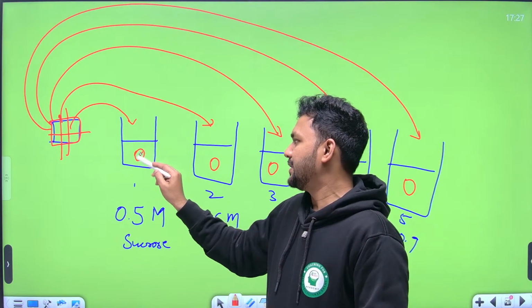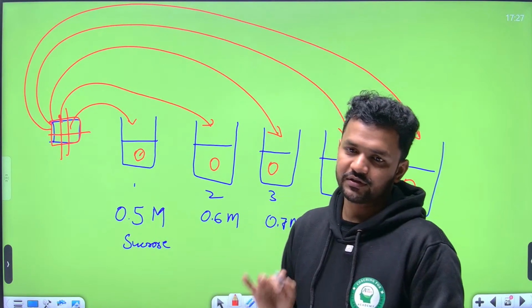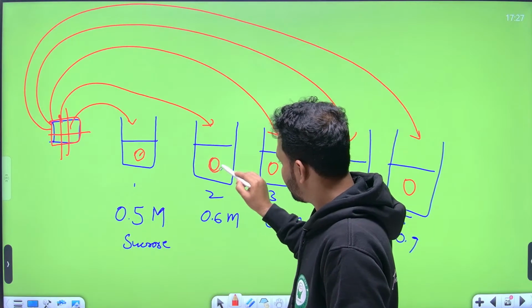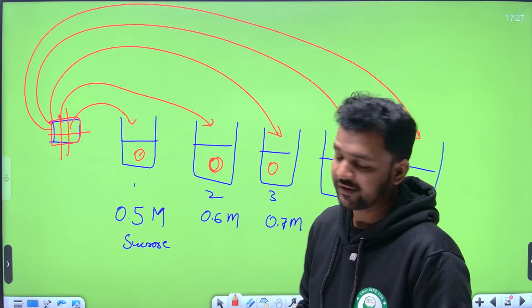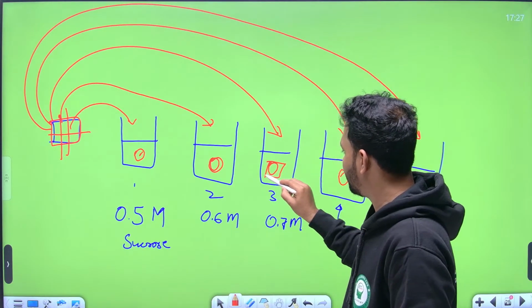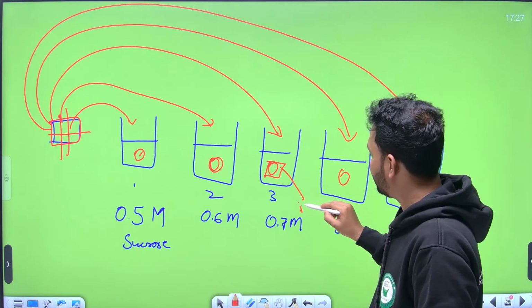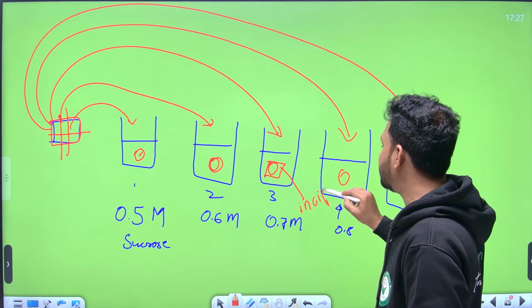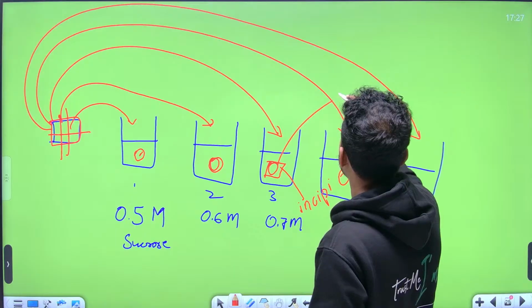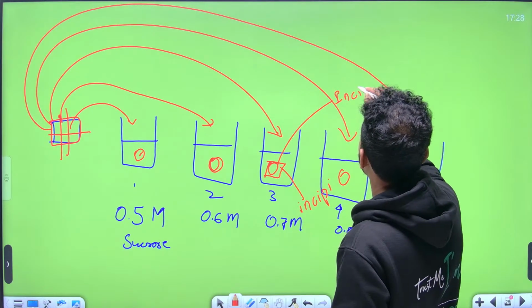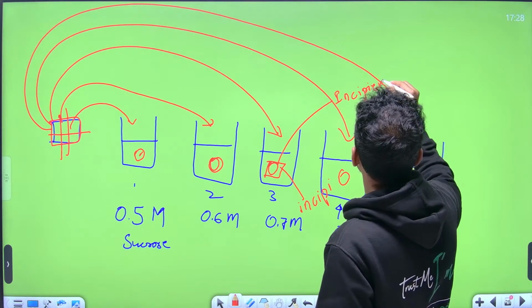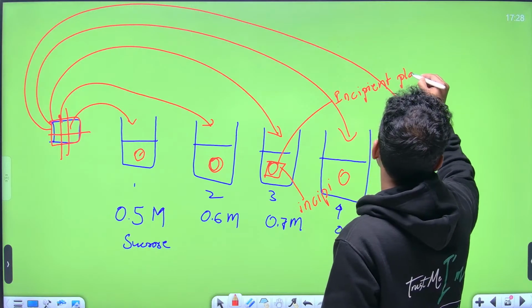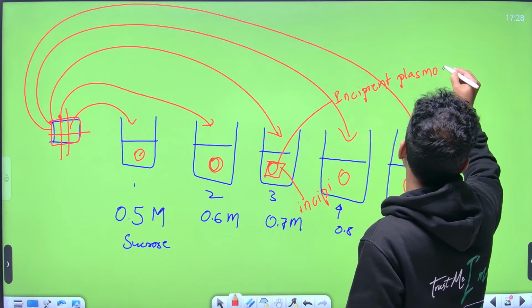Suppose here the plasmolysis did not start, here also the plasmolysis did not start, but here you can observe the plasmolysis start, or incipient plasmolysis. Here you observed incipient plasmolysis in the cell.